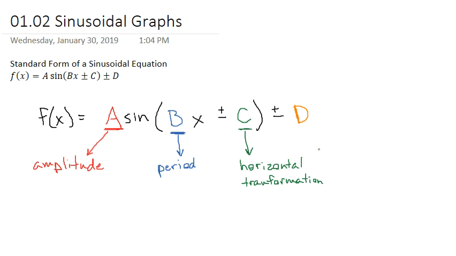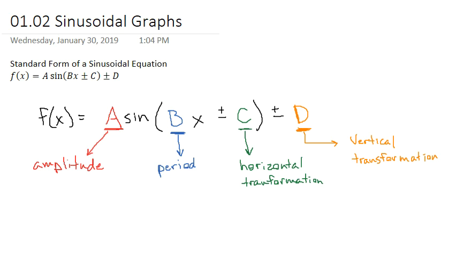And of course, being the ever inquisitive, pattern-driven students that you are, if C has to do with horizontal transformation, D, of course, deals with vertical transformation. Okay, and that's just moving things up or down. All right, that's the general gist of these equations.